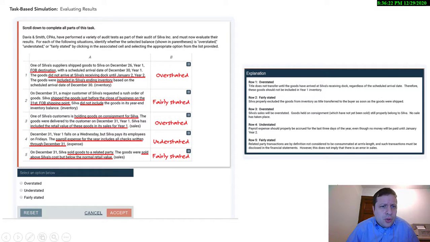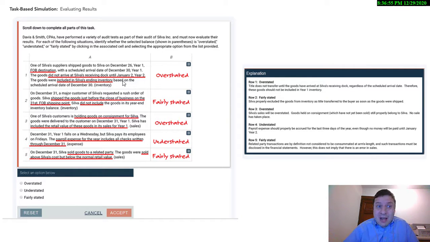Let's take a look at this task-based simulation. It's asking to review audit tests and to see if the accounts in parentheses as a result are either overstated, understated, or fairly stated. So the first question: one of Silva's suppliers shipped goods to Silva on December 26, year one, FOB destination, with a scheduled arrival date of December 30th.